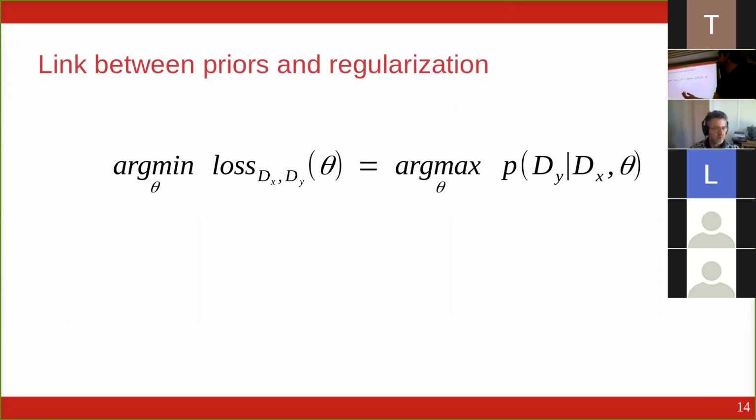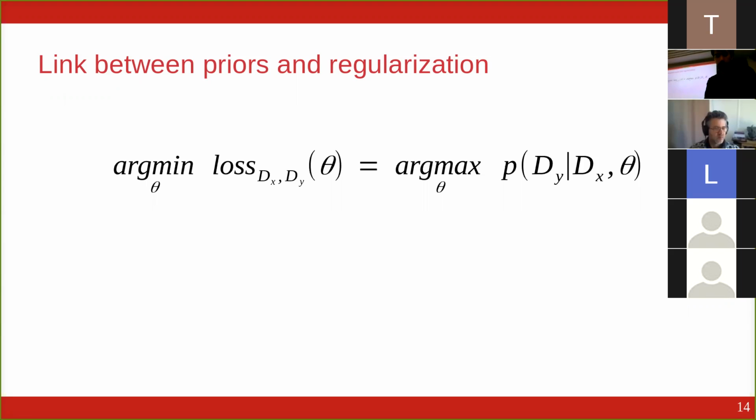And what you do most of the time is minimizing that loss. But one could also consider that the loss is equivalent to the log of a probability distribution, which is the probability of the output given the input and a parameterization. This is true up to a constant most of the time.